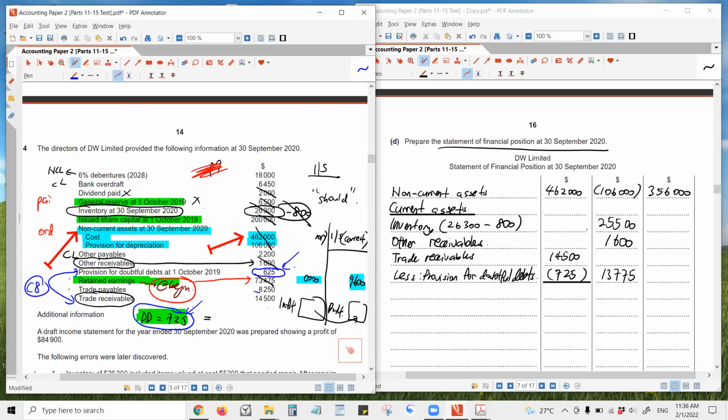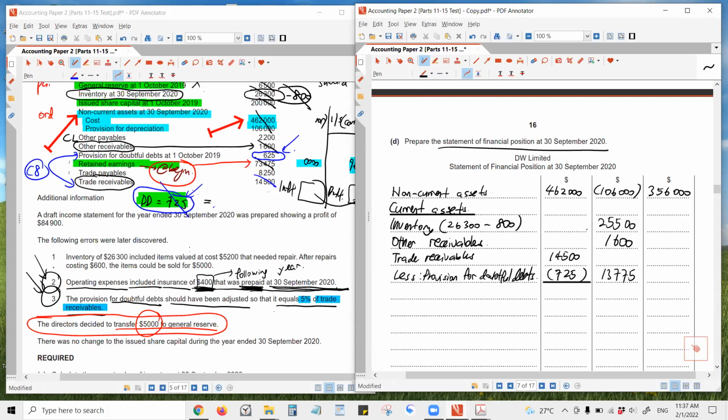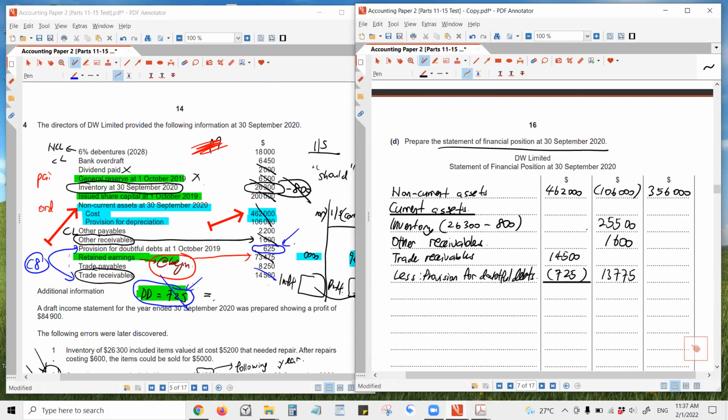So trade receivable, remove it. Just now we used it. Then I think there's nothing else. There are no more assets to be presented. That's it. So finish off the first part of the SOFP. Total up the assets.